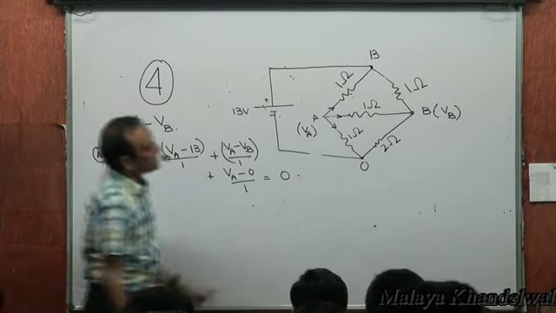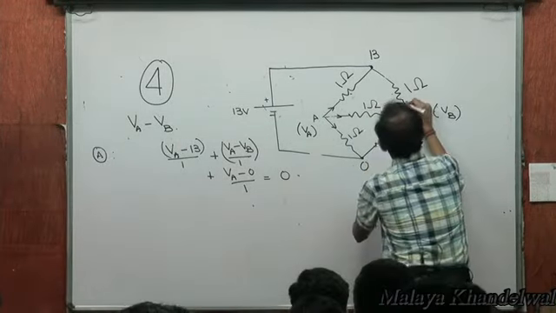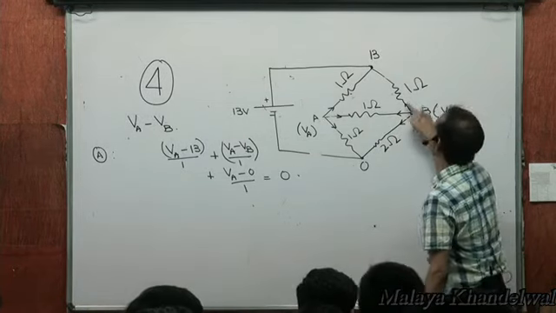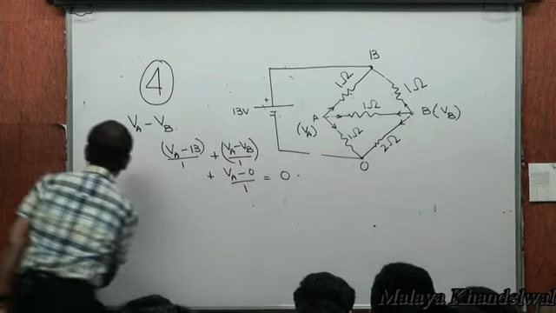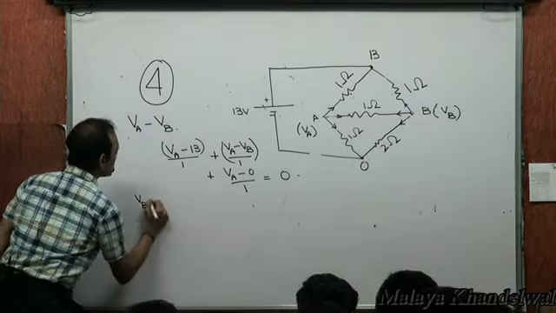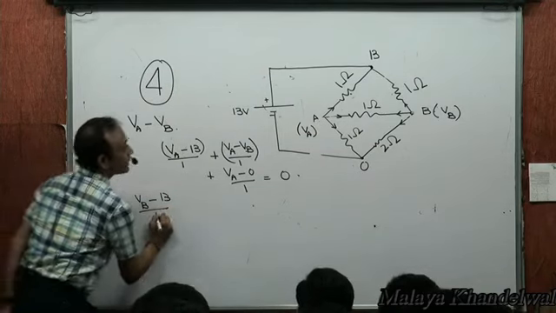Right? Same thing we can do for junction B. This plus this plus this algebraically must add up to 0. So this is (VB minus 13) divided by 1, right?